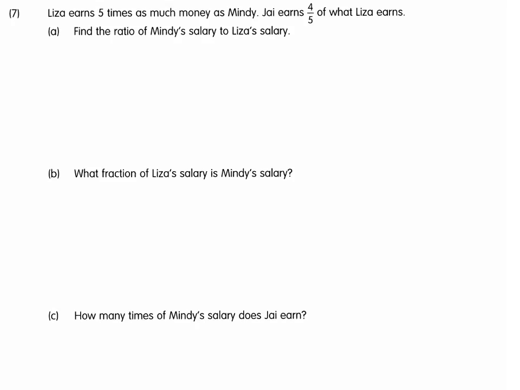Aisha, 5 units. My question was, if Mindy earns 1 unit, how many units did Lisa earn? So, if Lisa earned 5 units, how many units did Jai earn, Kaden? 4 units. You know 4/5 of 5 units is 4 units, right?